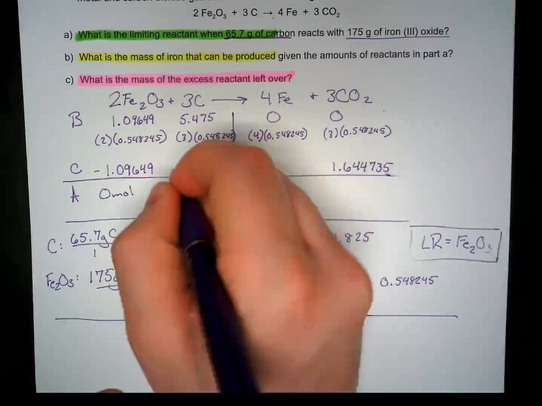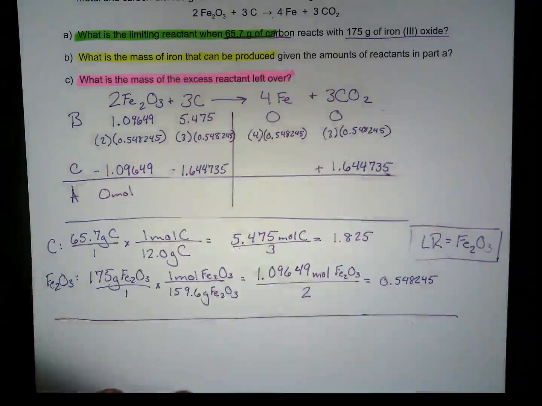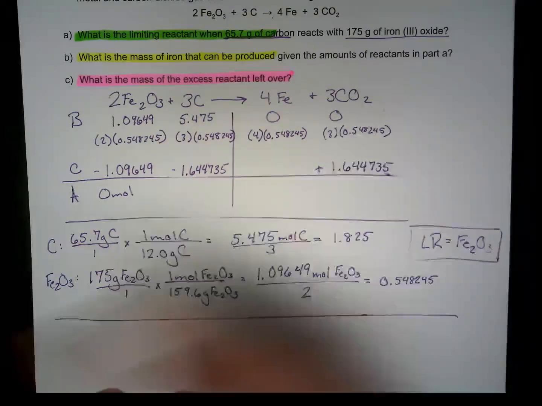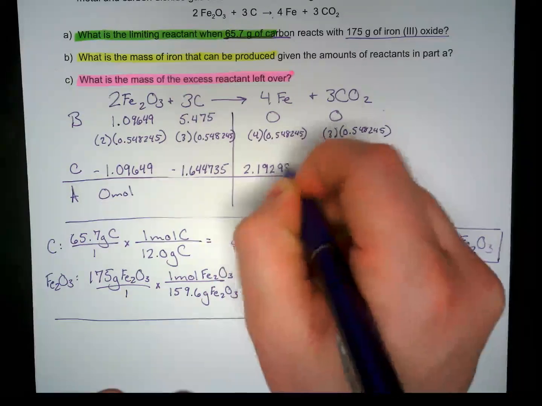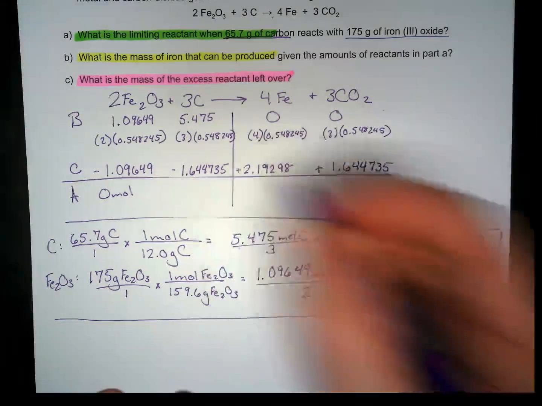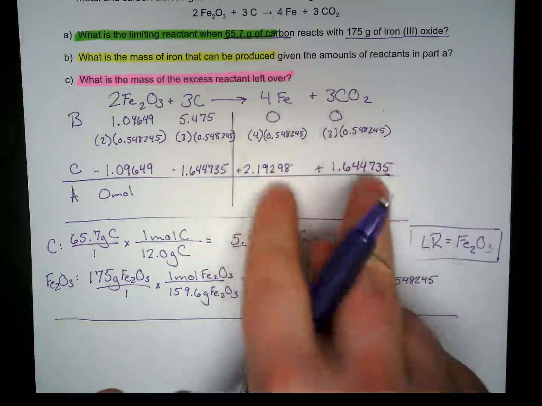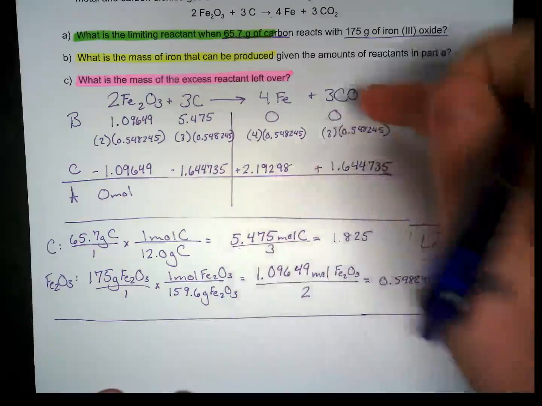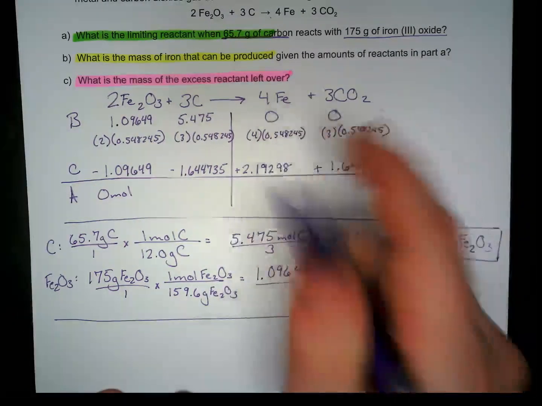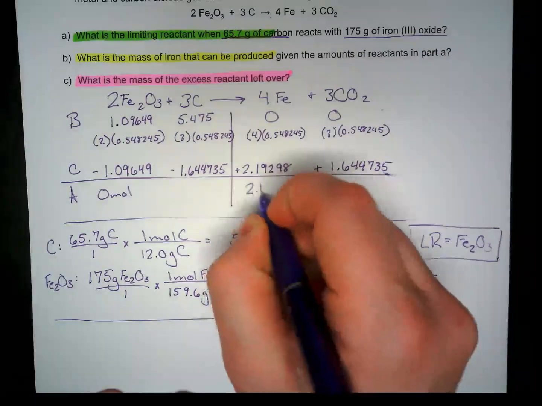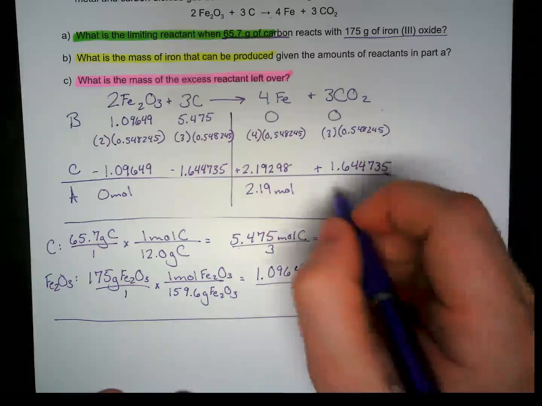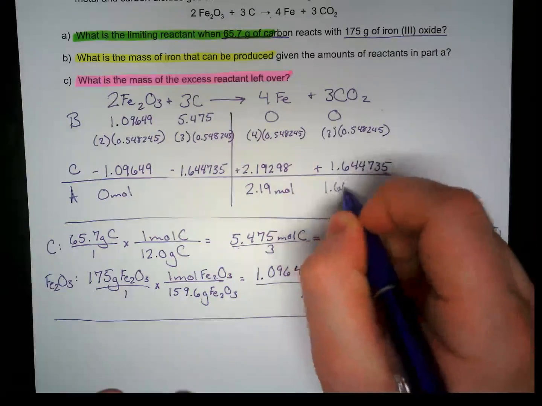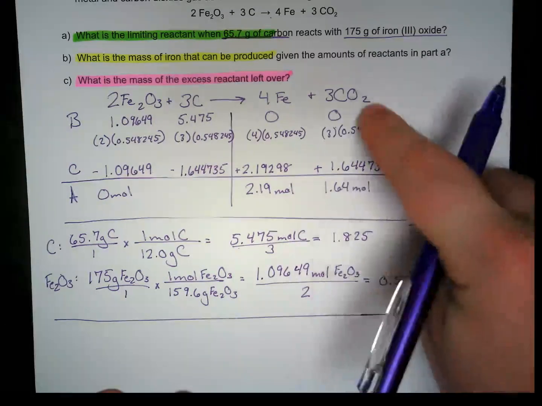Okay. And then we'll just quickly get this one, and it's going to be 2.19298. So it's easy on these two, because it's just 0 plus this, 0 plus this. So for iron, we should expect to get 2.19 moles of iron, and roughly about 1.64 moles of carbon dioxide.